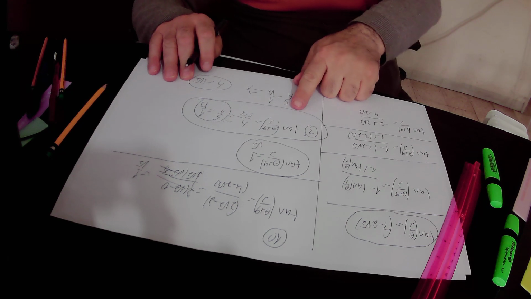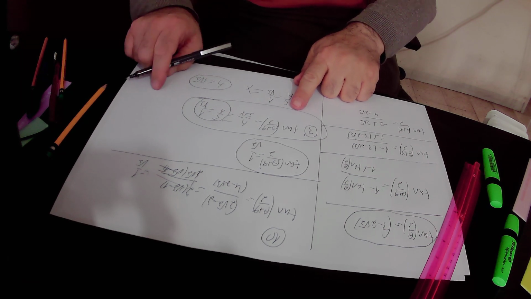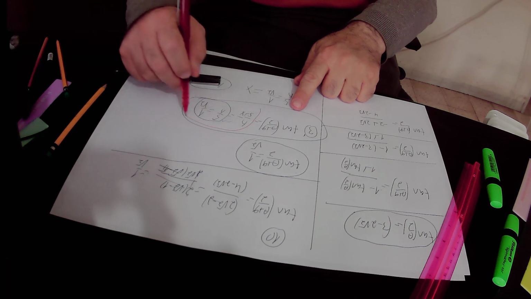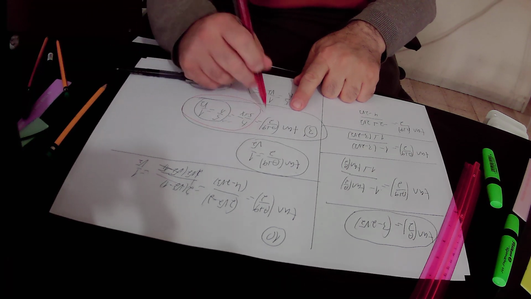From this equation, equation number 3, we will derive also the equation that states that h over 5 plus x equals to 1 over square root of 2.